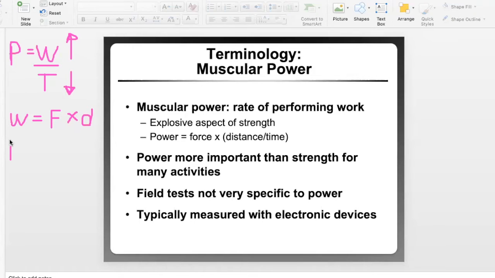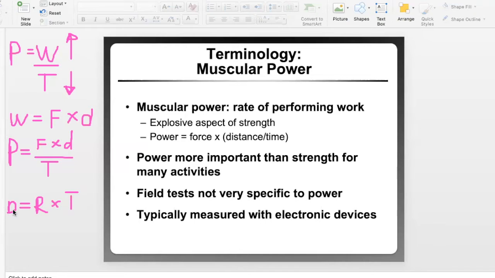So power is equal to force times distance divided by time. And distance is equal to rate times time.